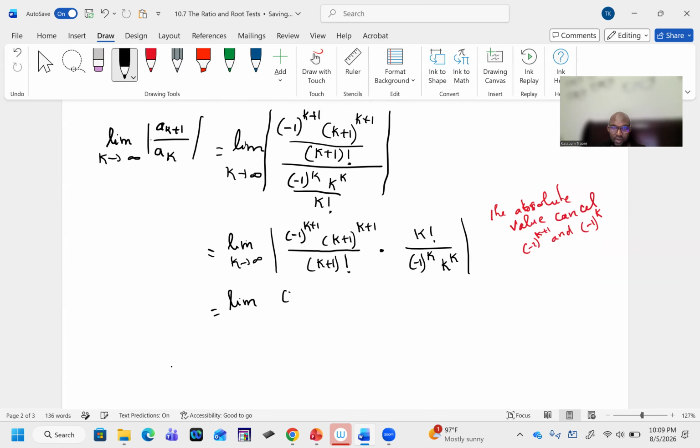So you can see, basically we have k plus 1 to the power of k plus 1 divided by k plus 1 factorial times k factorial divided by k to the power of k. So we see k factorial and k plus 1 factorial cancel out, and what is left? k plus 1, right?